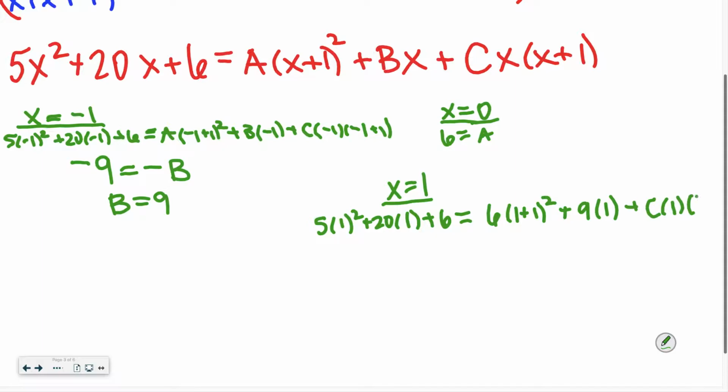When we plug all of those values in, the only unknown is our constant C. So what do we have right here? 31 equals 6 times 2 squared, 24, plus 9, 33, plus 2C.